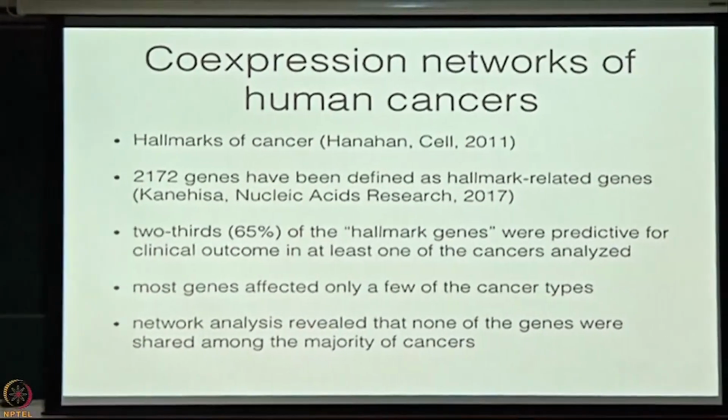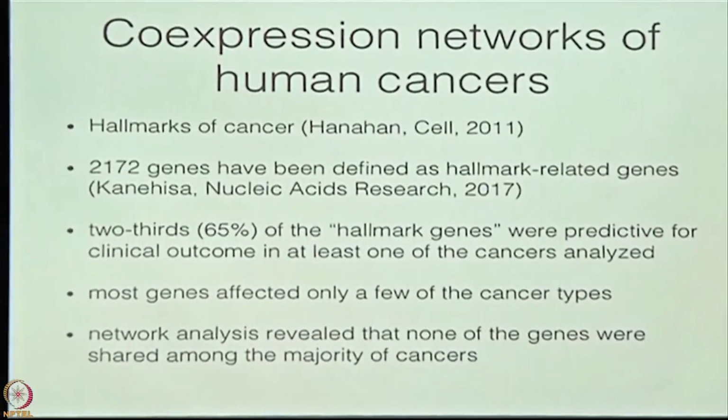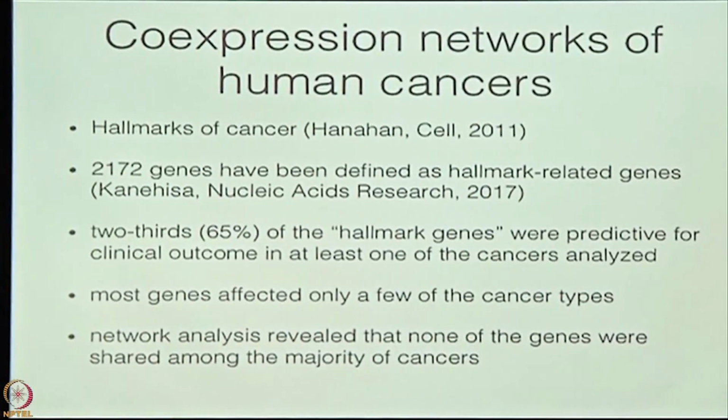So that was verified, what was earlier reported, at least by our study. Most genes affected only a few of the cancer types. All cancers were not affected from the hallmark genes. And the network analysis showed that most of those genes were not shared.